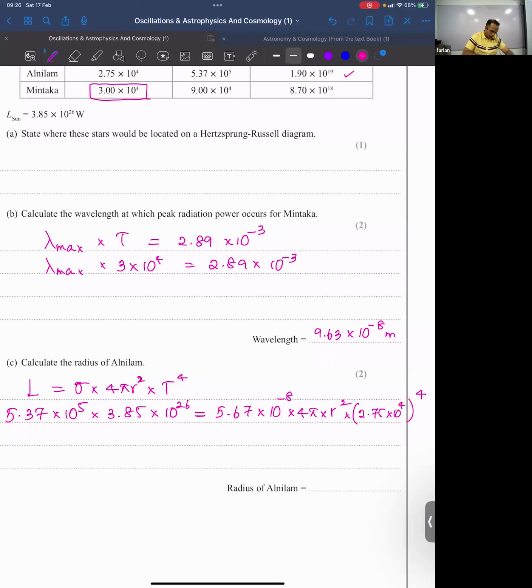I'm getting 2.25 into 10 to the power 10.